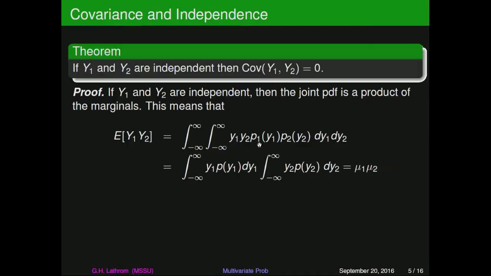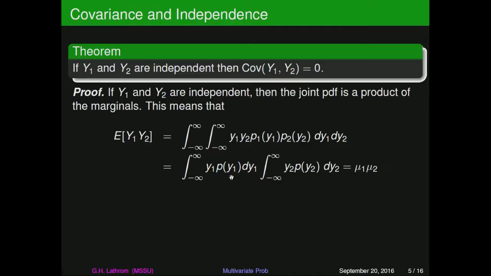And so what happens, p sub y sub 1 of y sub 1, this has no dependence on y sub 2 at all. Likewise, p sub y sub 2 of y sub 2 has no dependence on y sub 1, and so for this inner integral, we can pull the p sub y sub 2 of y sub 2 to the outside as constants, and what that in essence gives us then is an integration over the products.